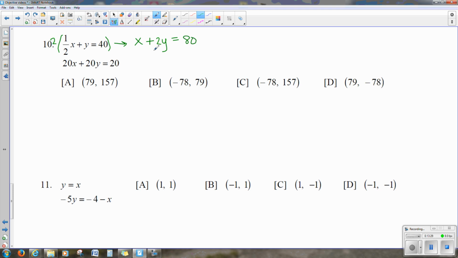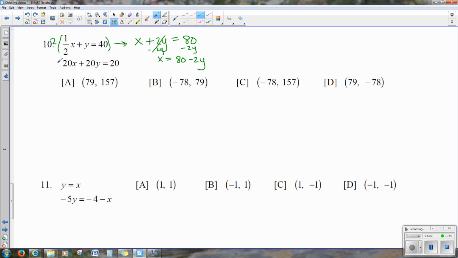Now, if I solve for x, I could just subtract 2y from both sides. So now I know that x equals 80 minus 2y. I could take that and substitute into the other equation, and then I could solve for y.